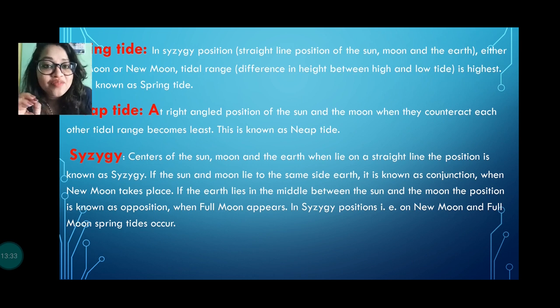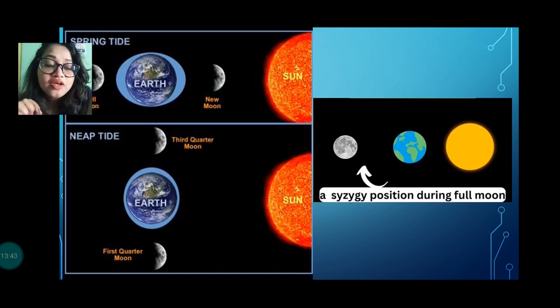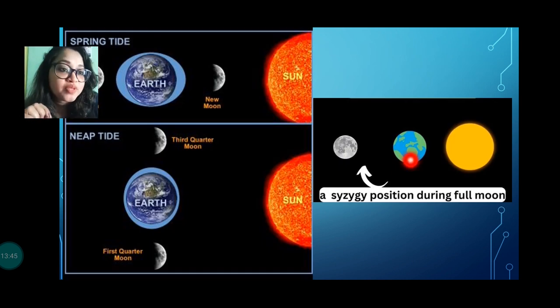At this time the full moon occurs, and this is how syzygy occurs. Here I am showing you the picture. This is the position of syzygy at full moon. See, here the moon, here the sun, and the earth is in the position.